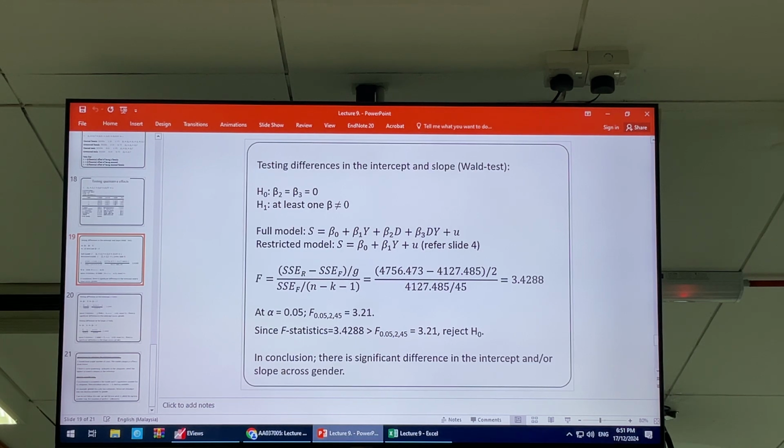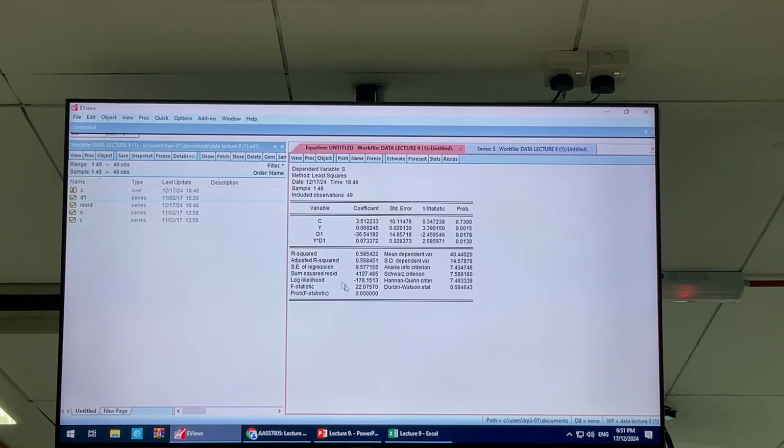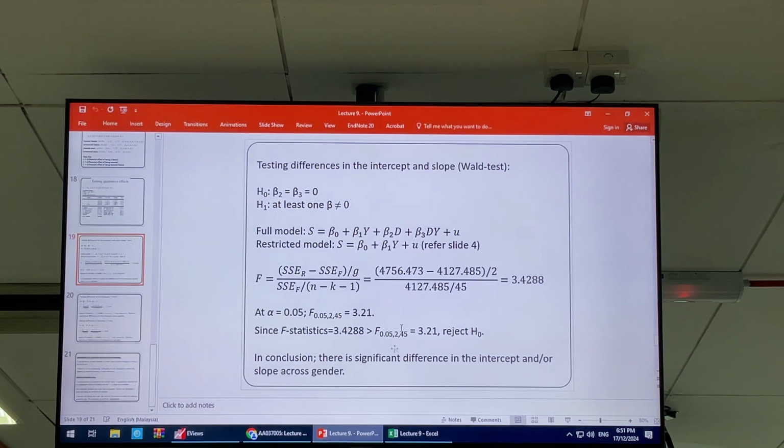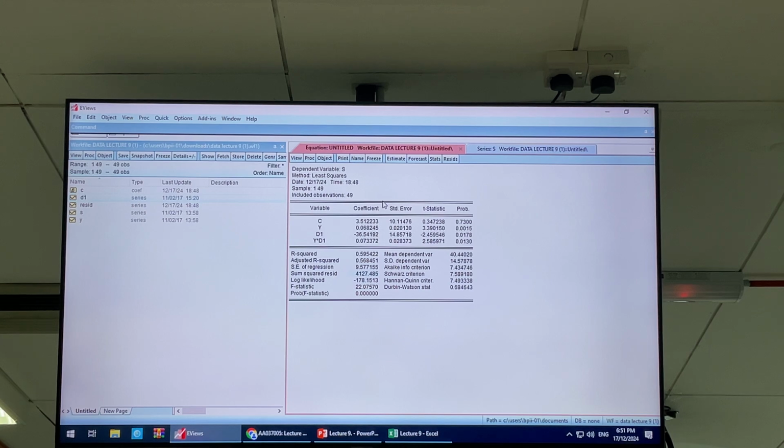For the full model just now, the SSE is given here, 4127. For the restricted model, you have to remove D1 and the interaction, and then you take the sum of squared residuals.